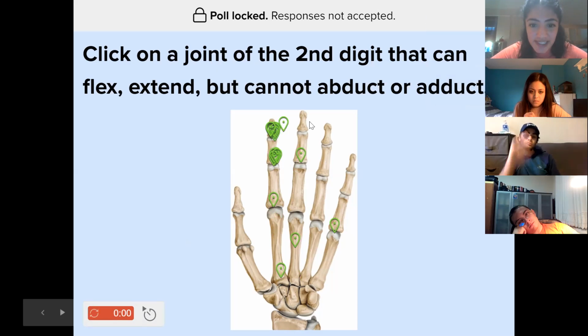So a second digit, a lot of us got that good. And that can flex, extend, but not abduct or adduct. And we know that the only joint in this portion in our wrists and our fingers that does not abduct or adduct is going to be our PIP or our DIP. So this is our distal interphalangeal joint, and this is our proximal interphalangeal joint. And it's on the second digit, so these two would be correct answers.